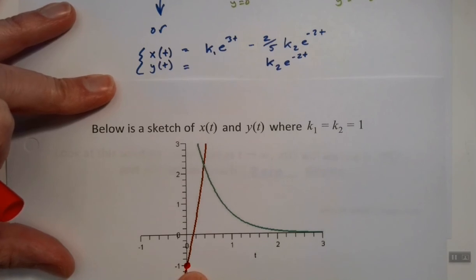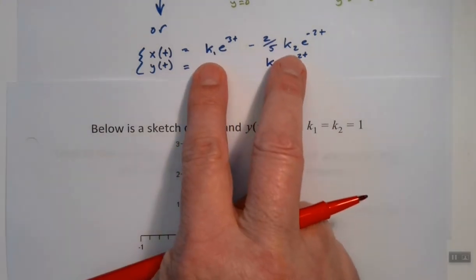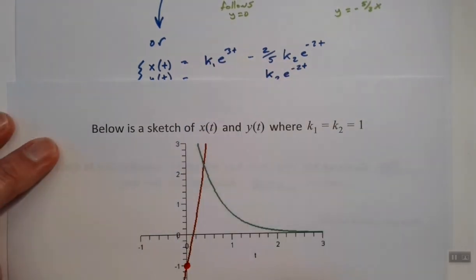The only way that's going to happen is if you have your x of t situation going on, because this is saying x of 0 is equal to -1. And so this must be our x of t curve.